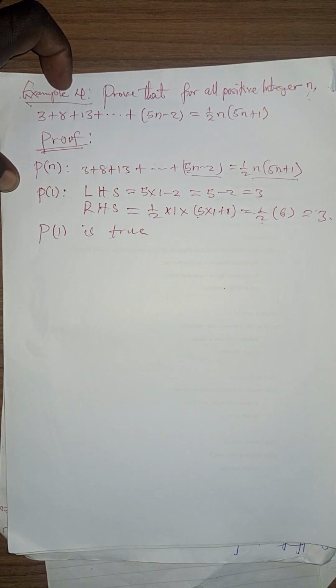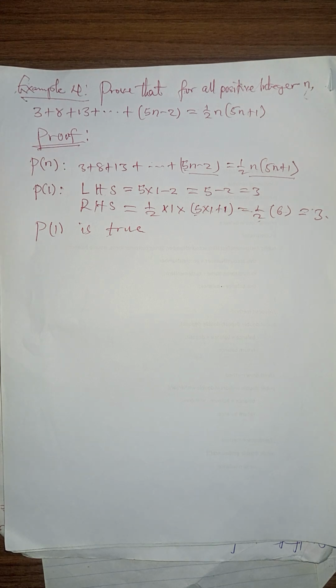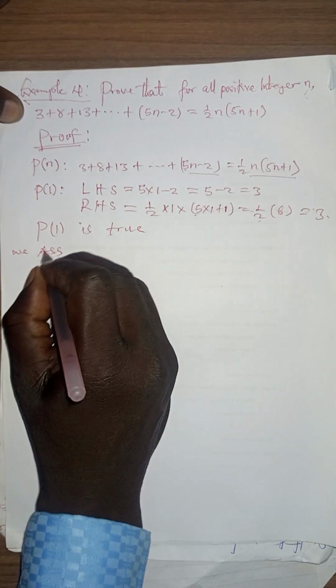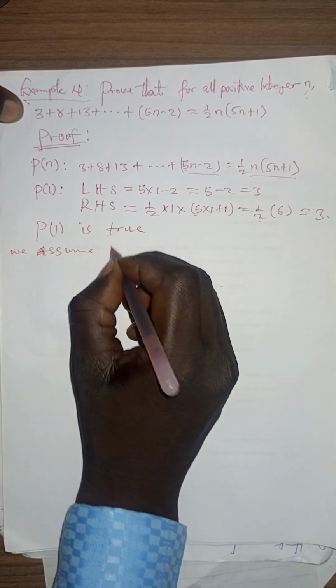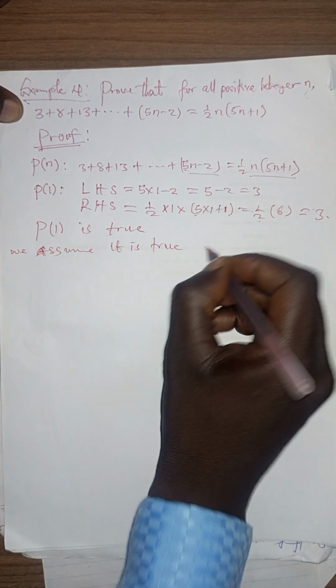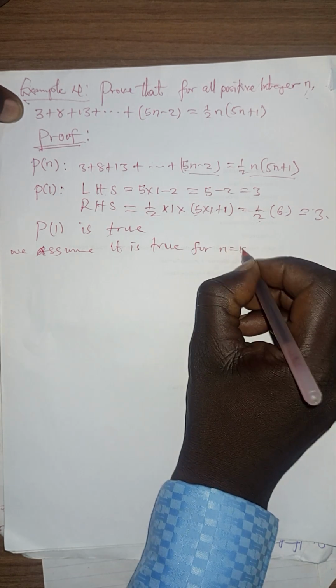And now we move to the inductive step. Now we are through with the basis step. The inductive step is to assume it is true for n equals k.